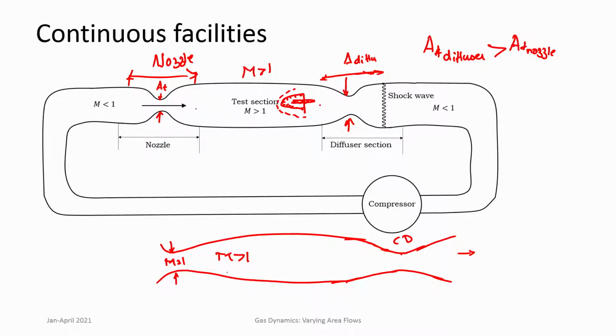Initially it will be fully subsonic, thereafter you get shock waves, and then they move out into the test section. So, this problem where you get shock waves in the test section is what decides how the diffuser should be designed. So, it is not always that the throat area of the diffuser will be equal to the throat area of the nozzle.